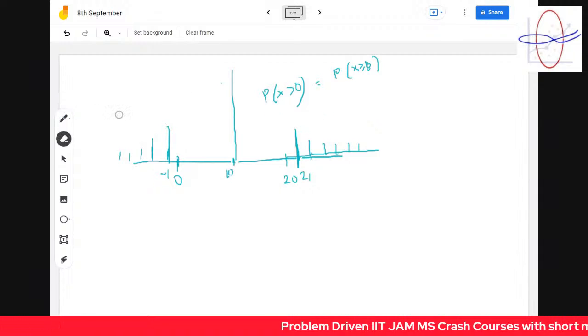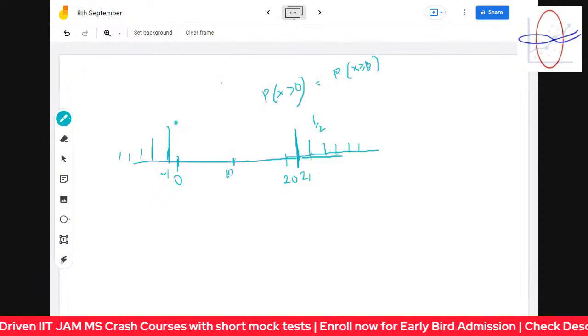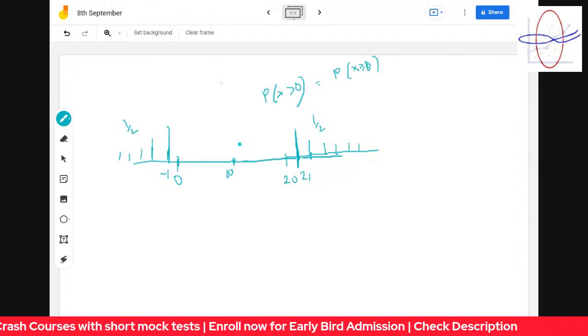Let me check. If we remove this height such that this sum is 0, then it's greater than half over here, and half since it's symmetric, so it's equal to half only.